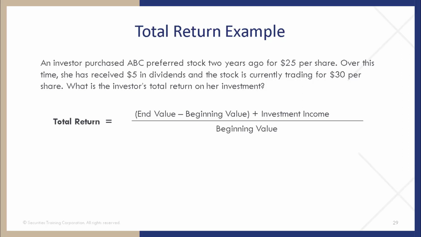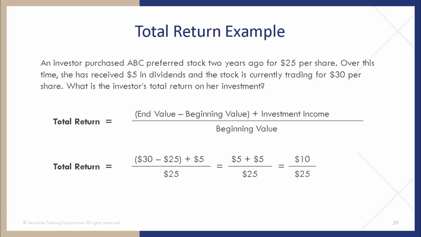Formula is, as we talked about earlier, ending value less beginning value plus income divided by beginning value. Now, $30 less $25 plus 5 divided by 25. Those are plugging in the numbers. Notice how that $5 of dividends is not per year, that's total dividends over that 2-year time period. Take the $5, add the $5, the differential between the 30 and 25, divided by 25. We get 10 divided by 25, or a total return of 40%.